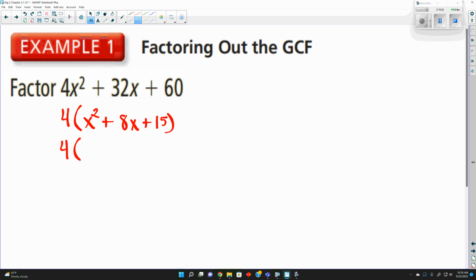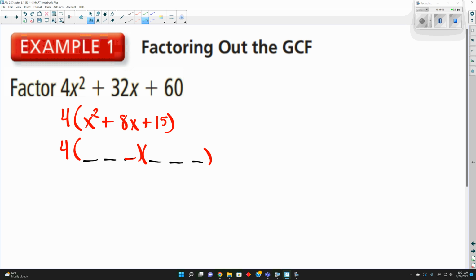Step number 2 is our 2 sets of parentheses with 3 spaces. So we'll have 1, 2, 3. Parentheses, parentheses, 1, 2, 3. And that takes care of step number 2, yes? Step number 3, signs.